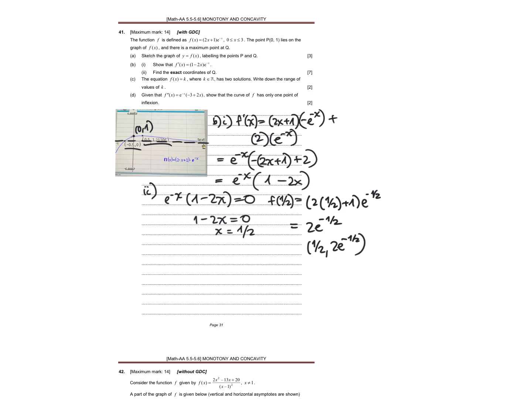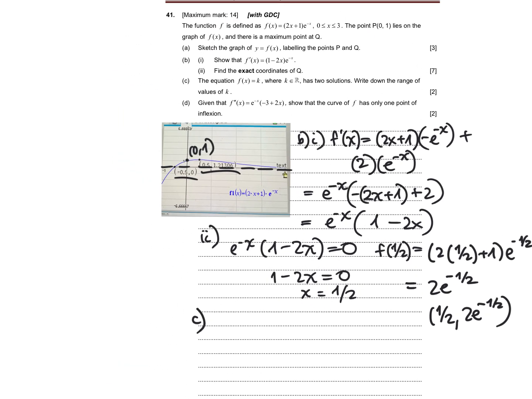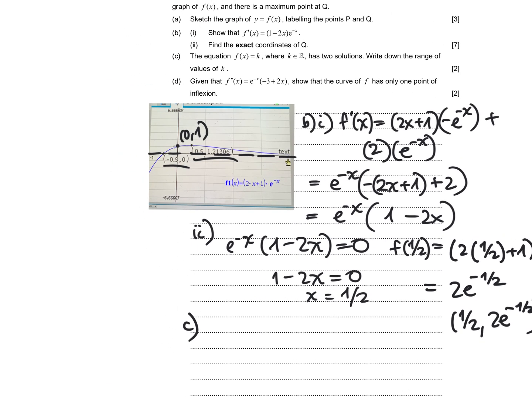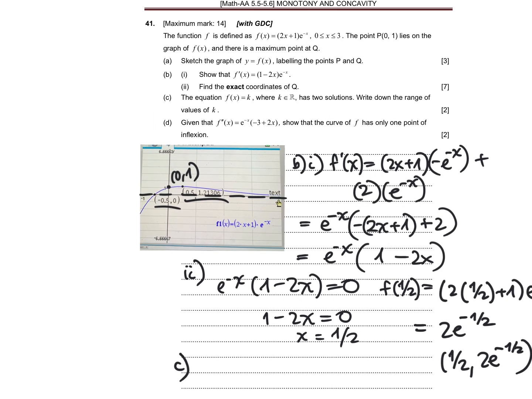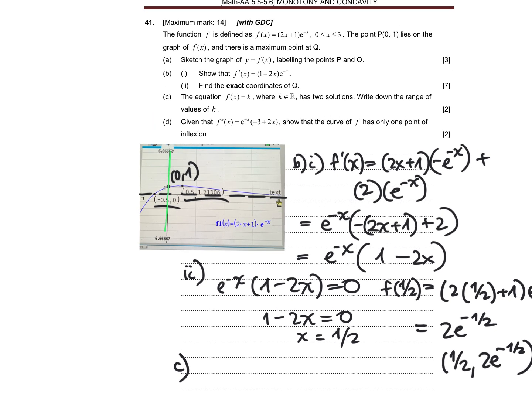Now C, the equation f(x) equals k, where k is a real number, has two solutions. Write down the range of the values of k. All right, so this is only good from 0 to 3, okay? So we're only from here to here, and it starts at 1.